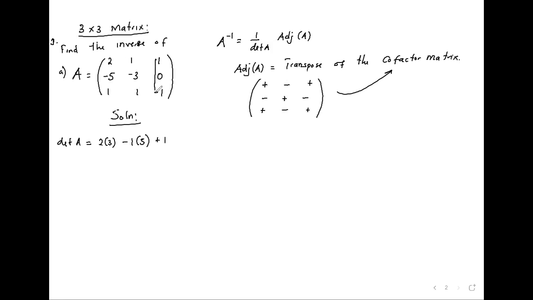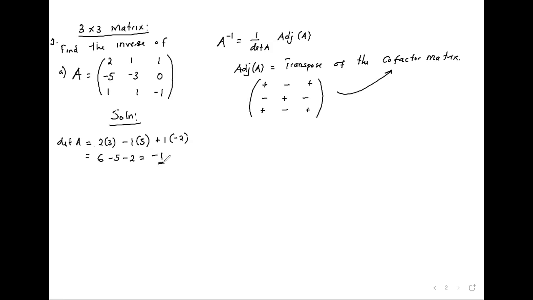Again, you remove the column and the row. So you have -5 minus -3, that's -5 plus 3, which is -2. So this comes out to be 6 minus 5 minus 2, which is equal to -1. That's the determinant of A.